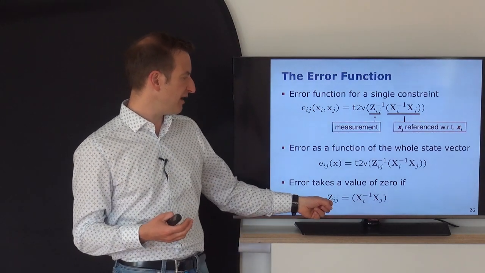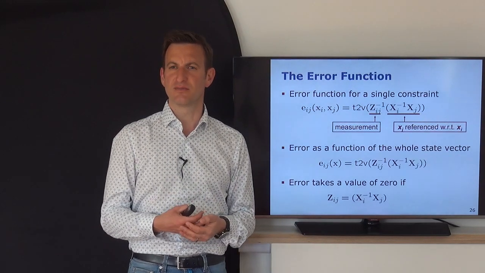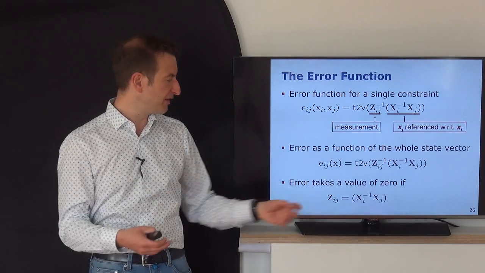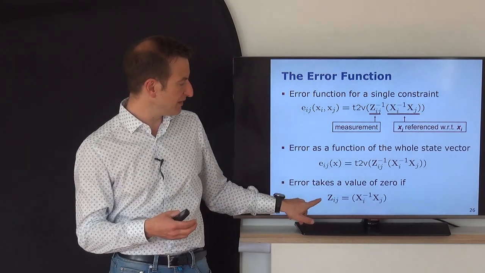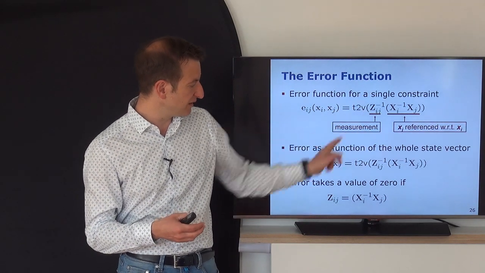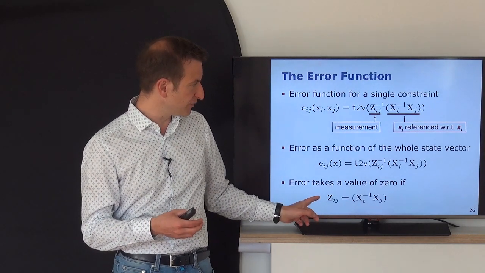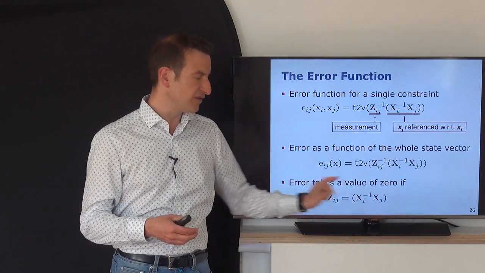This is exactly the case if my observation is the same as my relative graph configuration. So if what the graph tells me is exactly what my observation tells me, then this equation holds. If I multiply z inverse, the inverse observation, from the left-hand side, and this term is the same, then this is the identity matrix.